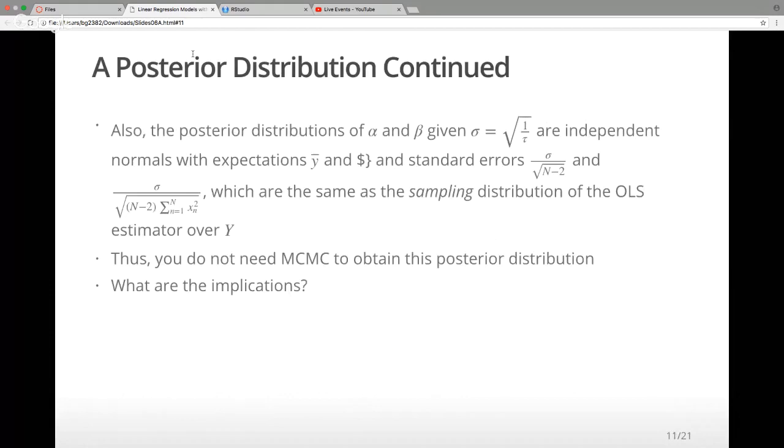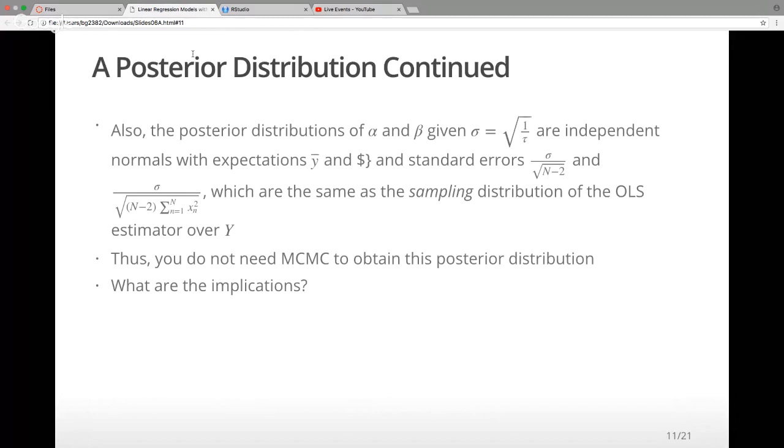So even though this posterior distribution is conditionally normal, and the distribution of the OLS estimates is conditionally normal, and they are the same conditional normal distribution, so they have the same expectation and the same standard error, the posterior distribution is still a different concept than the distribution of the OLS estimator.